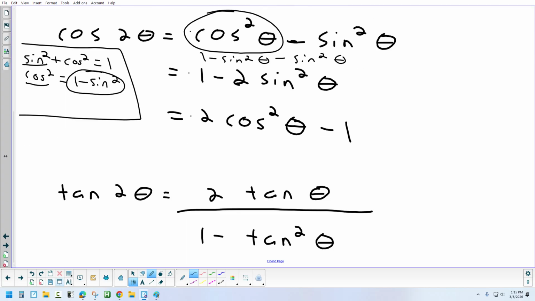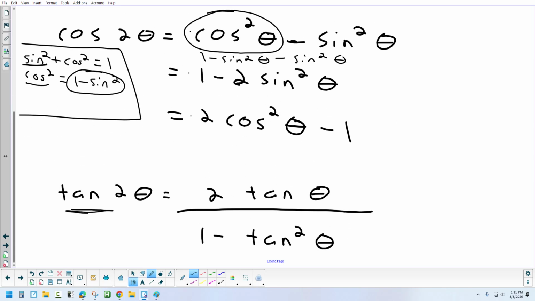That's what tan 2 theta comes out to. We don't do as much with tan. We do more with sine and cosine. I'm not saying it never comes up, but I don't think you're going to see this formula again in anything we do today. But the top 2, yes.